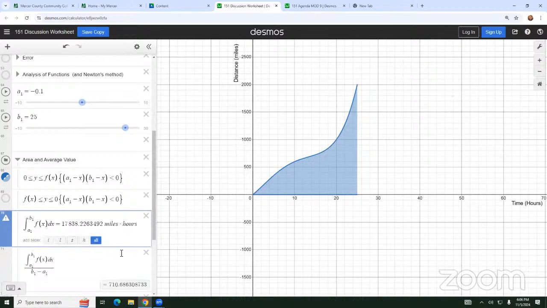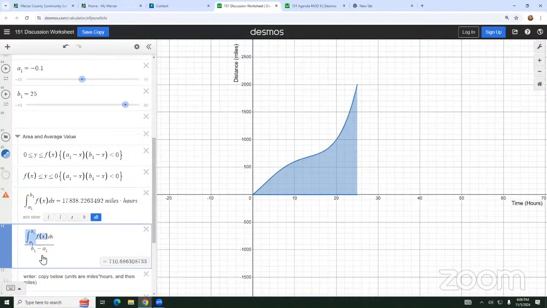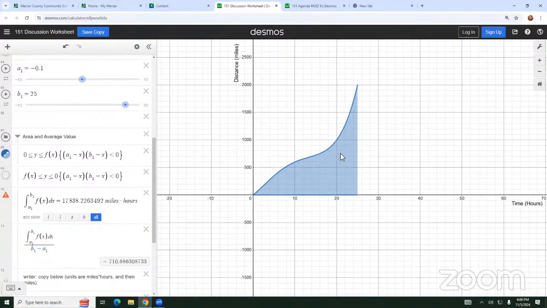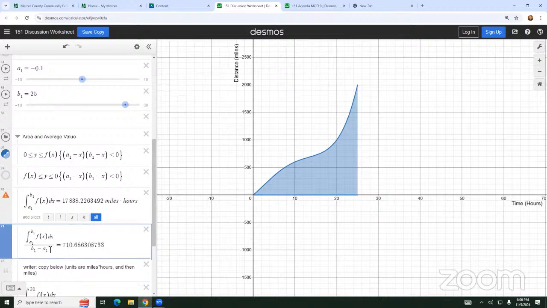Okay. Now, if I take that whole thing and I divide it by B minus A, so this is the area and I divide it by the length. When I do B minus A, that's going to be 20 here. So I'm dividing this number by 20 and I'm getting that.